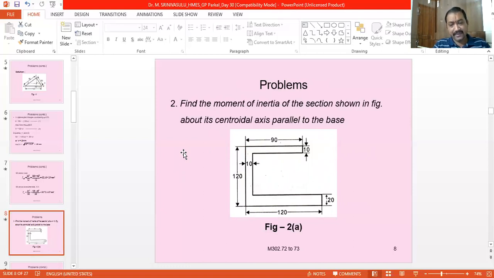So here we only need to find the IXX passing through the centroid and parallel to the base.